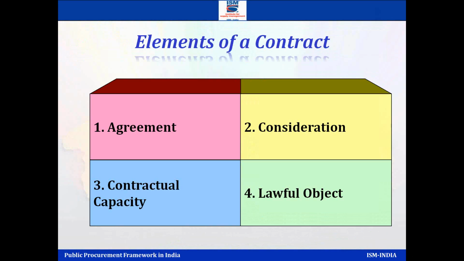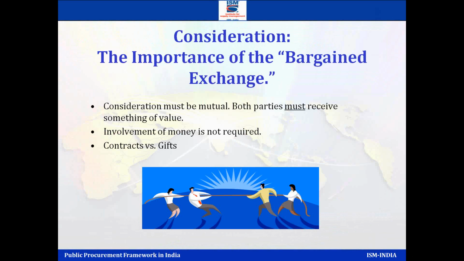Whatever you are buying, if it's legally not allowed, like buying of ammunition, buying of drugs, they're legally not allowed. So for those contracts, even if you've gone through agreement, consideration, contractual capacity, since legally it is not allowed, the contract cannot be formed. If the contract is not formed, you can't make the other person accountable. So consideration, as I said to you, but keep in mind there's a difference between contract versus gift.